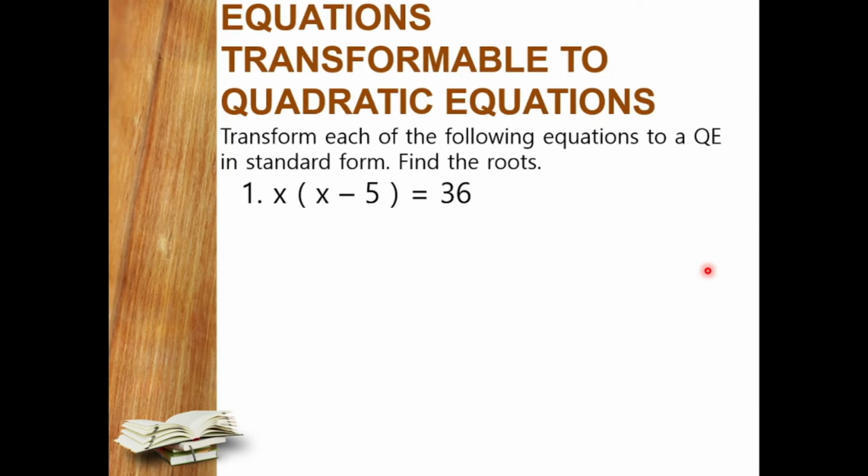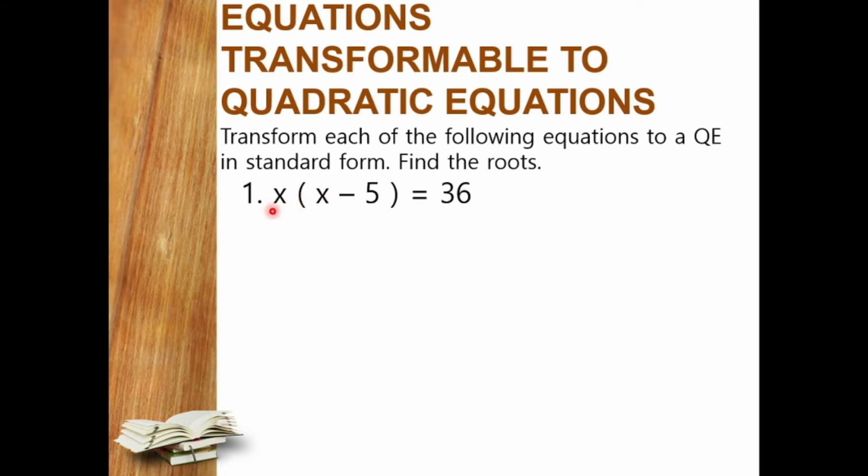Okay, so let us have these examples. Transform each of the following equations to a quadratic equation in standard form. So find the root. The first one is x times quantity x minus 5 is equal to 36. So how are we going to write this equation into standard form?